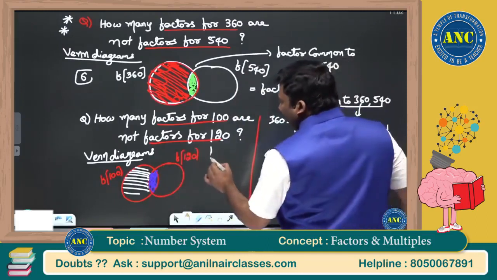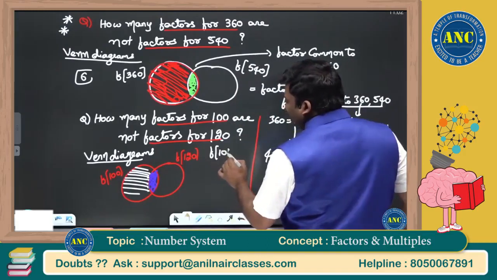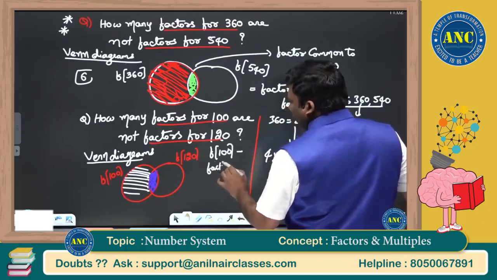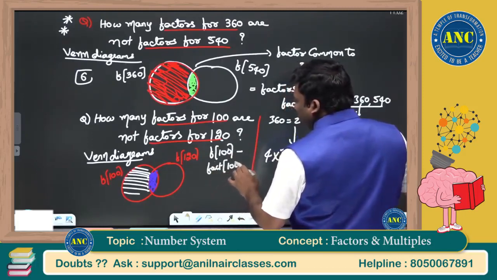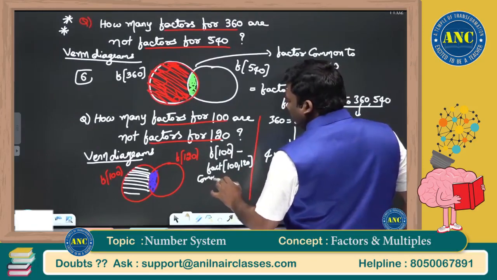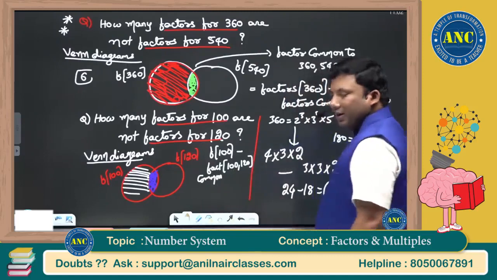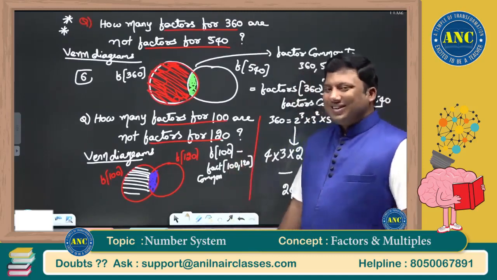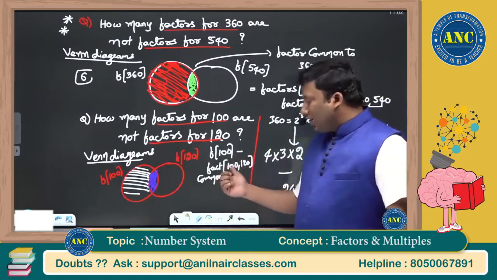The answer is factors for 100 minus factors common to 100 and 120. Factors common to 100 and 120: 25s are 100, 26s are 120. 5 and 6 are coprime.